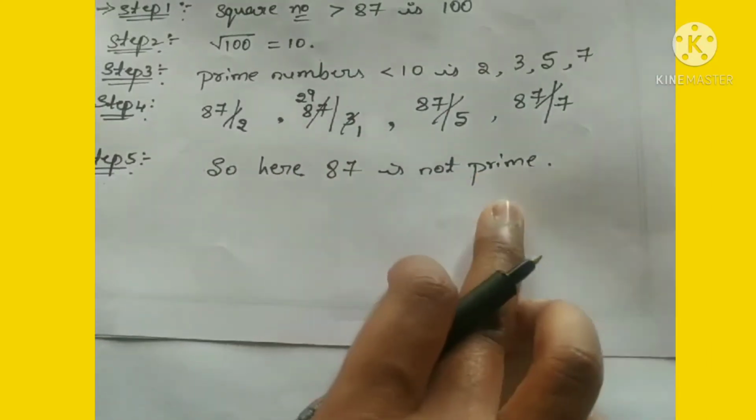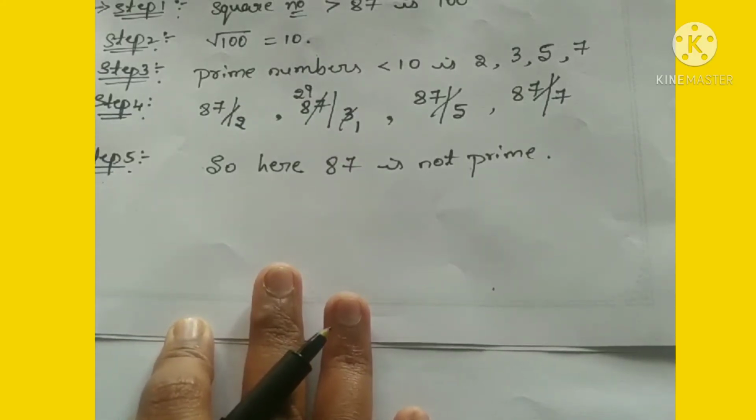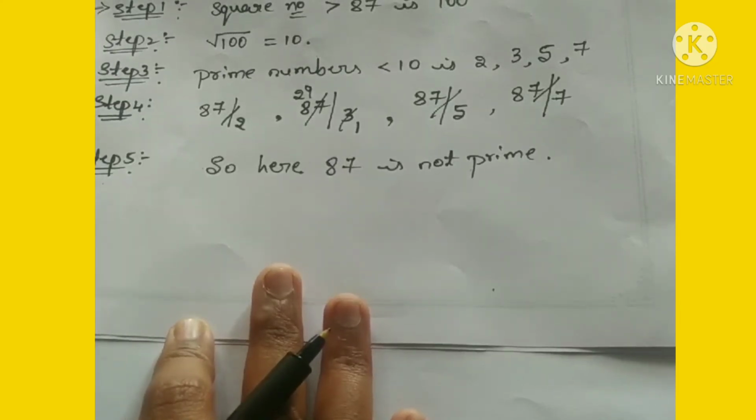So here 87 is not a prime. This is all about prime numbers and the test of prime numbers. Based on the test of prime numbers, one question is compulsorily asked in the CTET examination. Okay, you have to follow these steps.